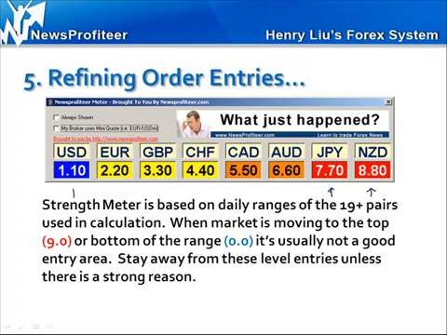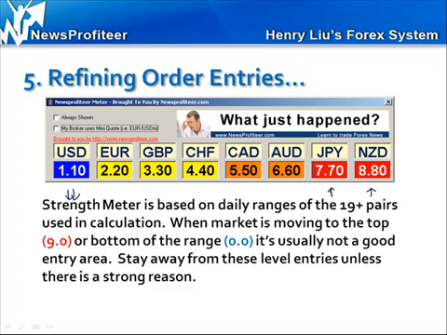And when you are selling, when it is blue, you are selling as the market is moving down. So always know what the meter means and what you're doing if you're looking at this meter to trade, because some trading methods involve following the trend, so you buy as the market is moving up. Some trading methods are completely opposite: you buy when the market is down and you sell when the market is up. So it depends on what kind of trading method you're using.